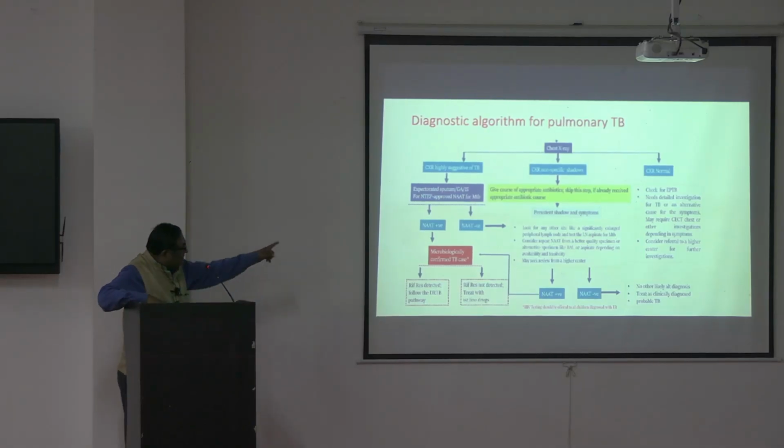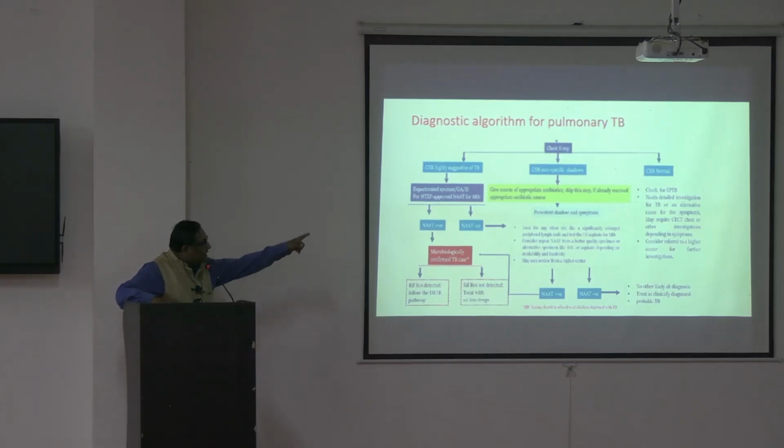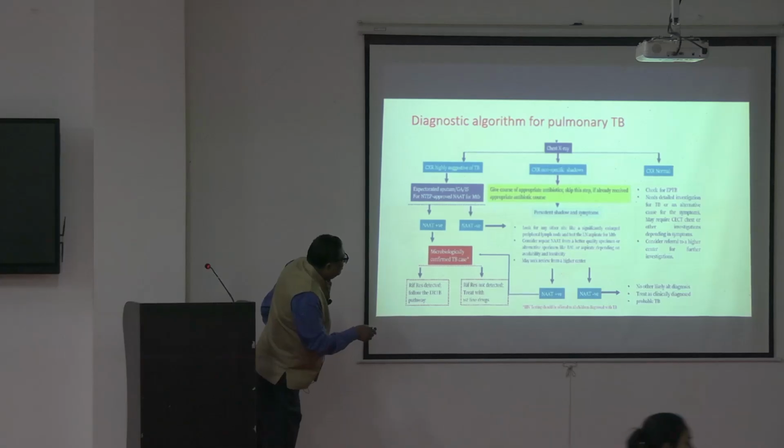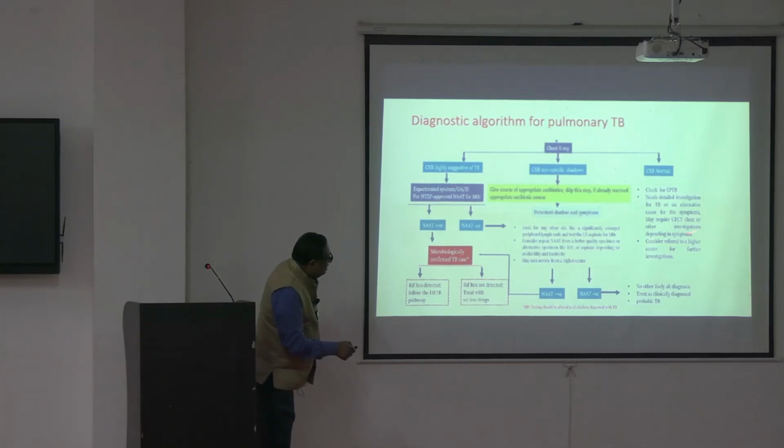If it is negative and you want to confirm the case, if facilities are there, we think in that line. If the cultures are negative but the evidence is suggestive, we suspect it, and may repeat the CT test or other investigation.